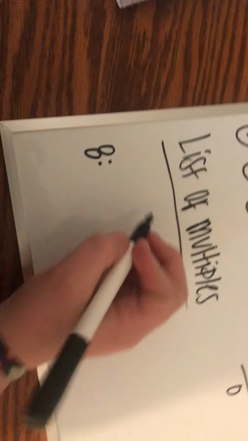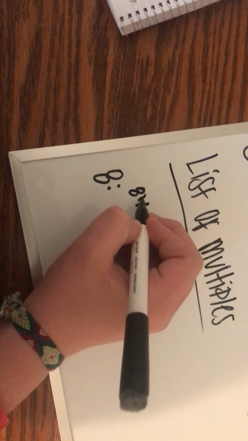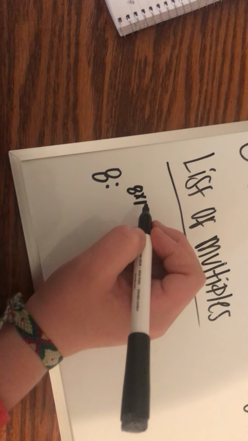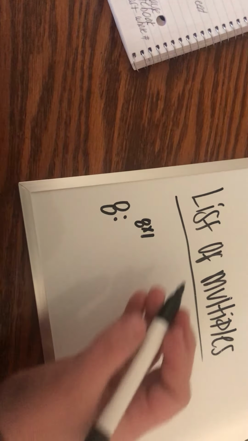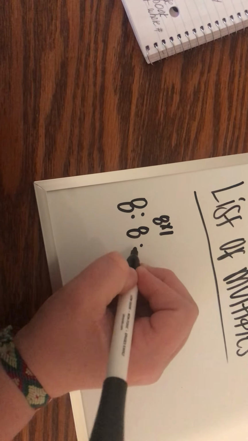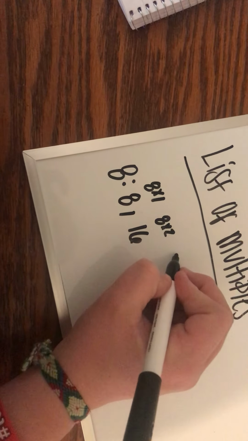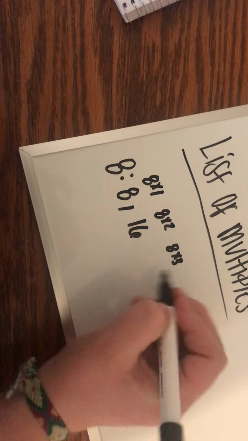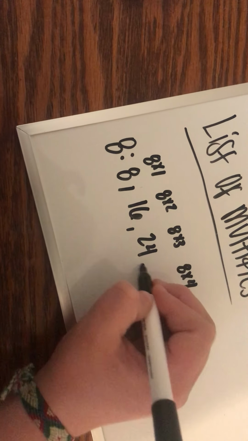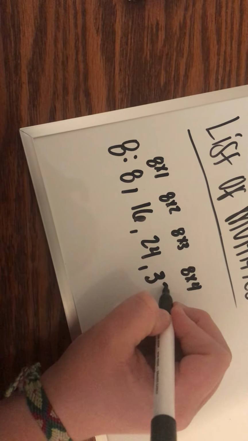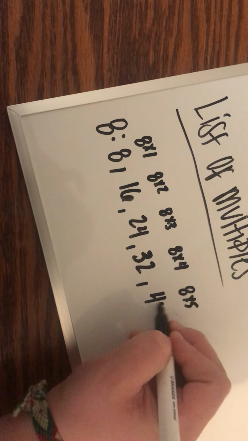So if I look right here, if I do 8 times 1, my little dot right there, if you don't know, that's just a fancy way of saying the multiplication sign. So 8 times 1 is 8. 8 times 2, 16. 8 times 3, 24. 8 times 4, 32. 8 times 5, 40.